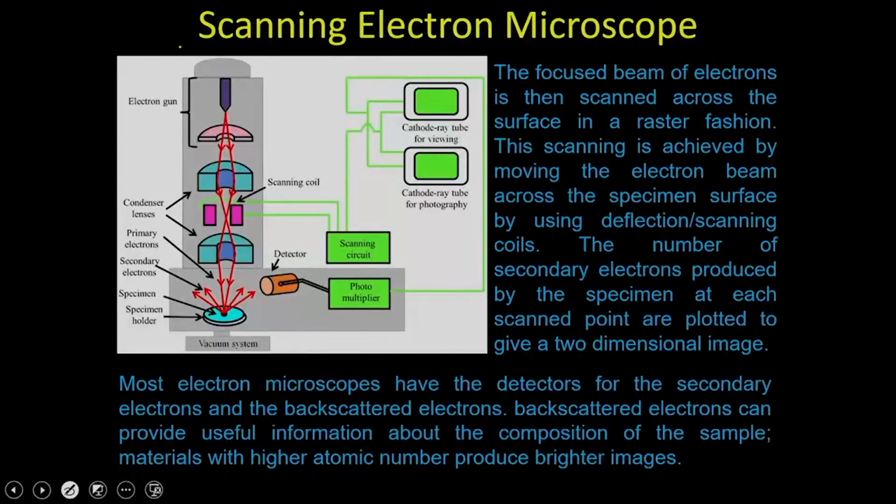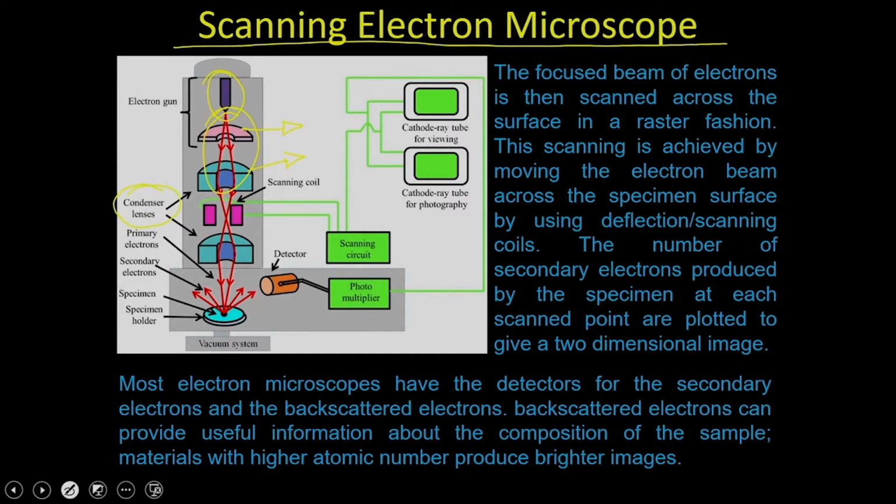So, in the scanning electron microscope, you have an electron gun which generates the electrons, and then you have magnetic coils. The job of these magnetic coils is only to focus the electrons coming from the electron gun, and then you have a condenser lens.